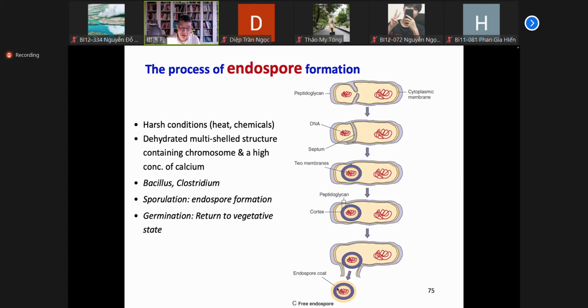That is a live bacteria. So this is very important for bacterial life.